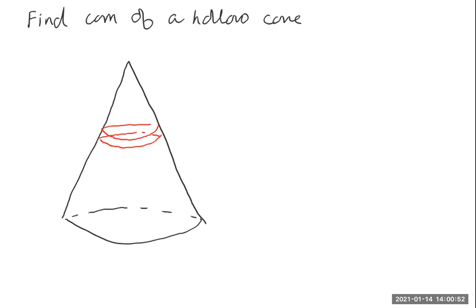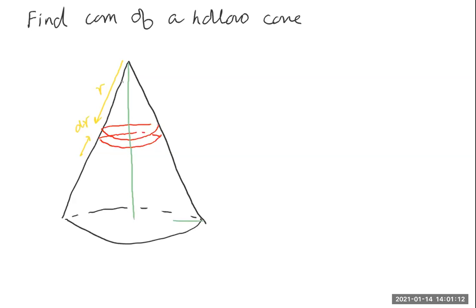Now, whenever there is a hollow cone, you must always choose the variable like this, not straight वाला variable. Solid cone में straight वाला variable, hollow cone में ऐसे वाला variable.